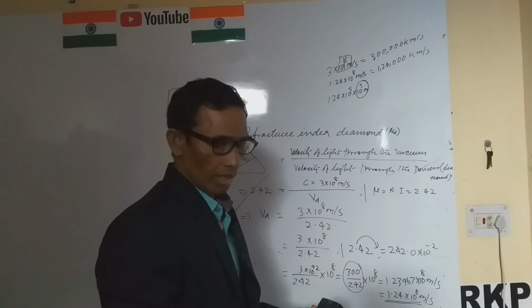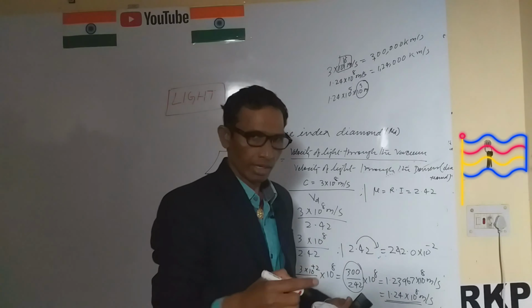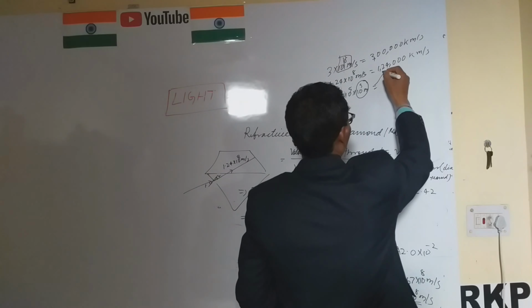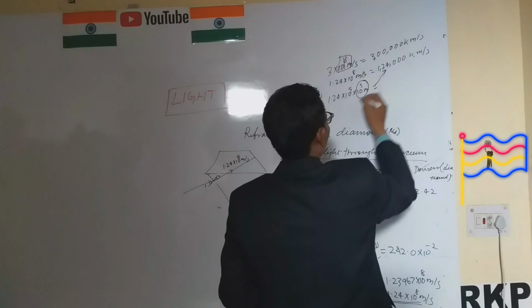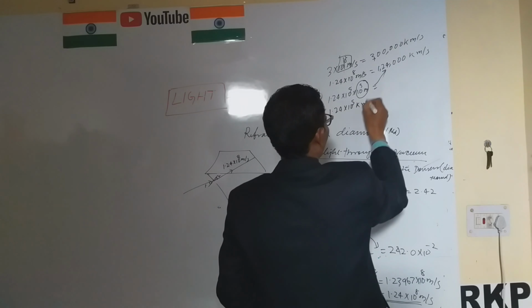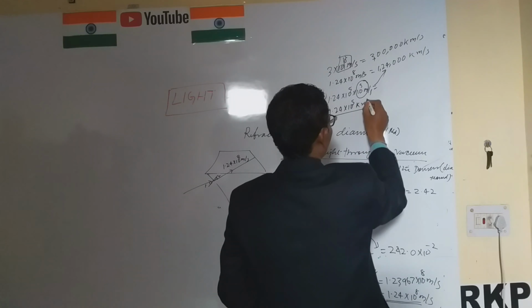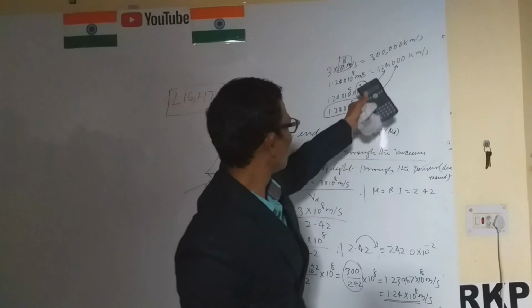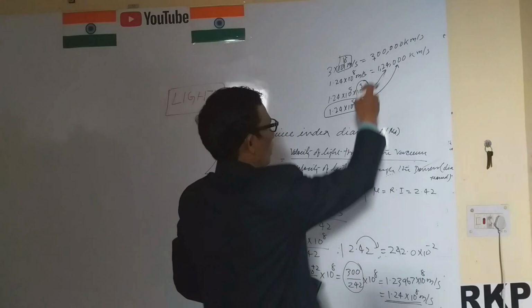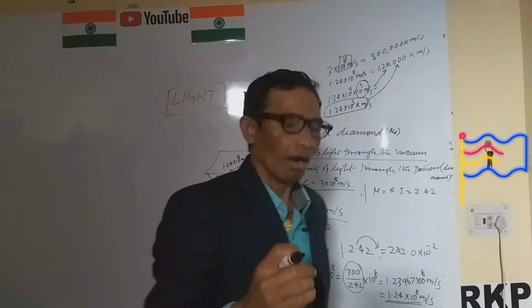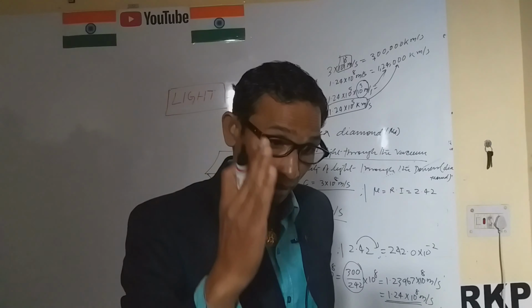So it is 1.24 into 10 to the power 5 kilometer per second, which in simplest form is 1,24,000 kilometer per second. It is lesser than the velocity in vacuum.